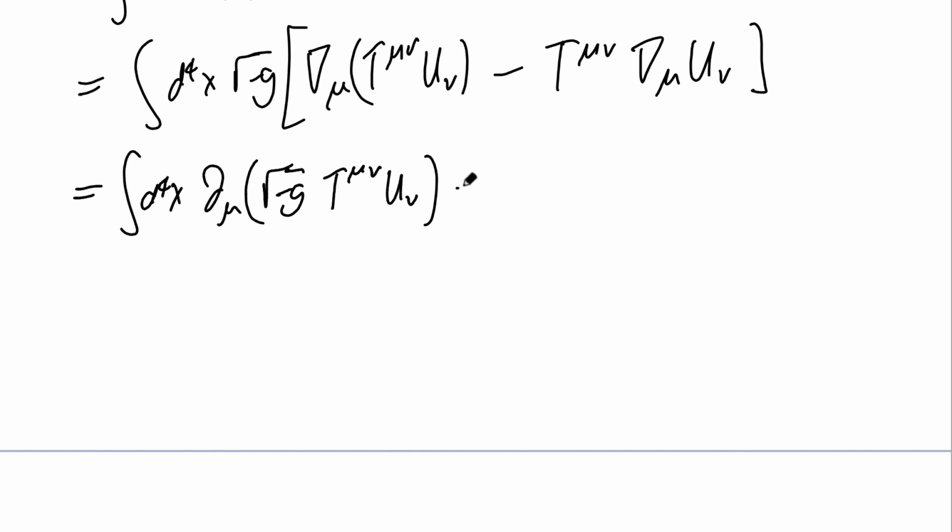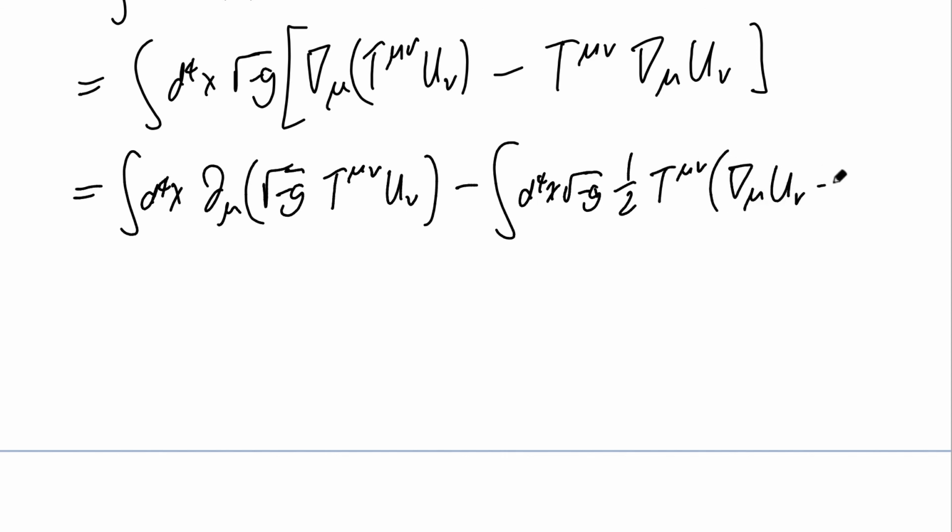And now for this term, let me write another integral sign. We have the square root of minus g, and now this is a symmetric tensor, so only the symmetric part of del mu U nu is present here when it's wired together with T mu nu. So we can write this term as 1/2 T mu nu times del mu U nu plus del nu U mu.